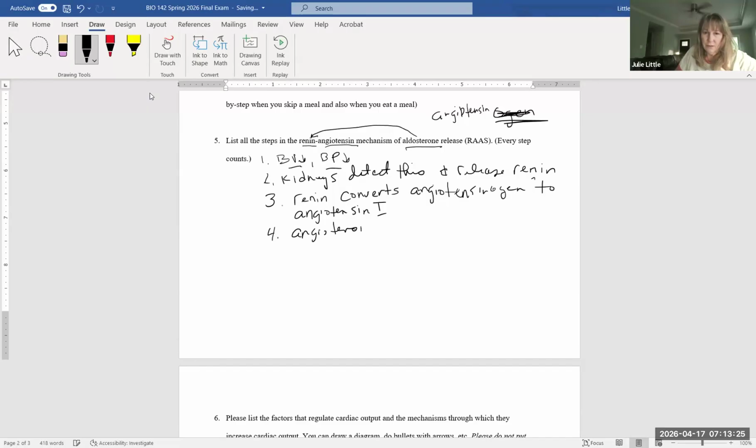Angiotensin 1, it's in the blood. It goes to the lungs and is converted. What is it converted to? I'll wait for it. Angiotensin 2.